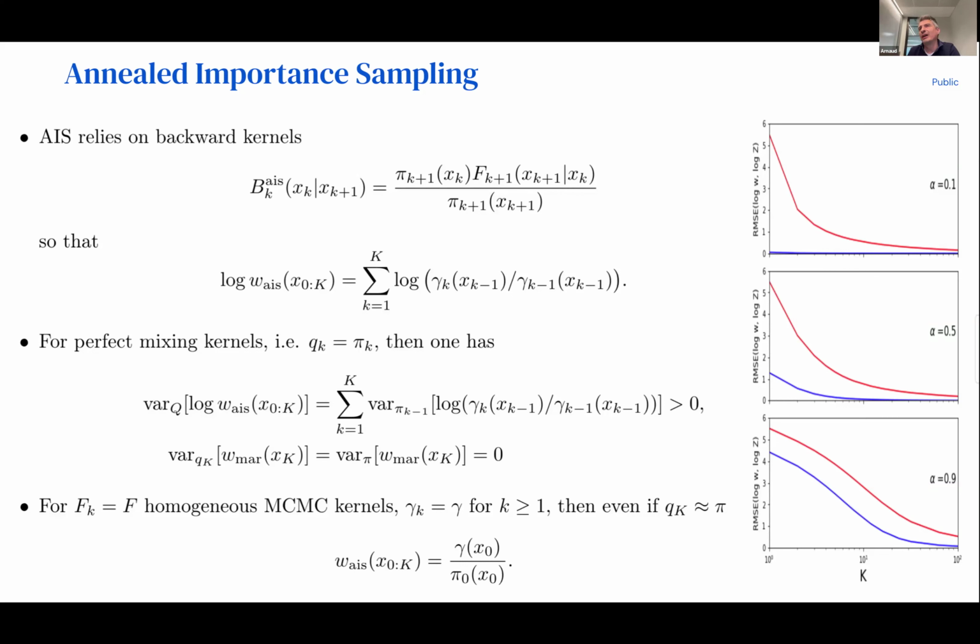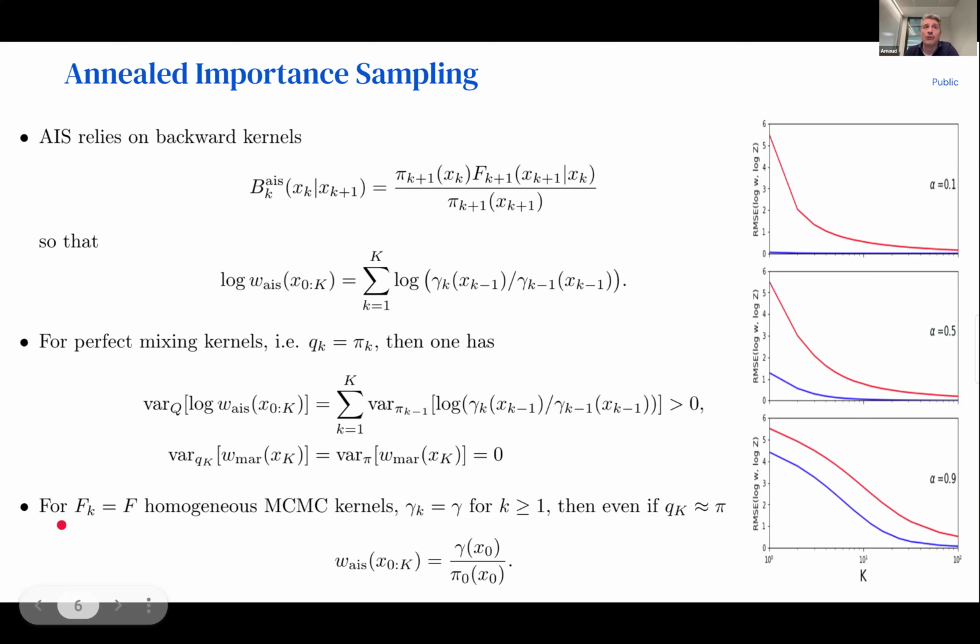But you could say, assume that pi naught is actually already not too far from pi. Why would you bother defining the sequence of intermediate distributions? You would pick pi 1, pi 2, up to pi capital K equal to pi, and apply annealed importance sampling in this context.